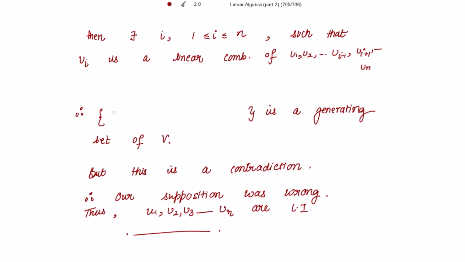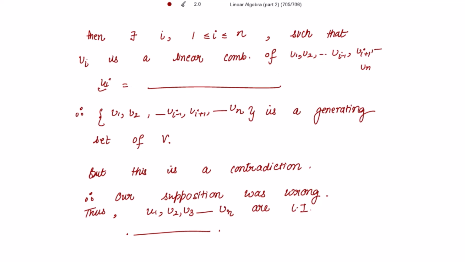Therefore, u1, u2, up to ui minus 1, ui plus 1 up to un is a generating set of V, because ui can be written as a linear combination of these remaining ones.